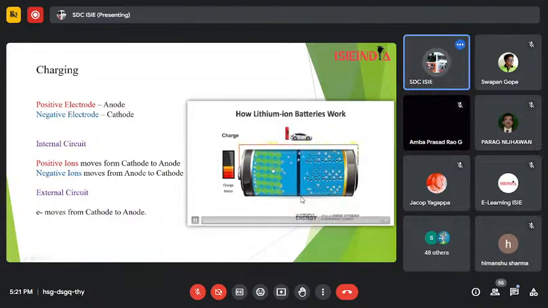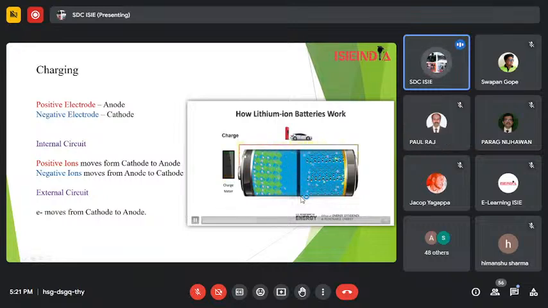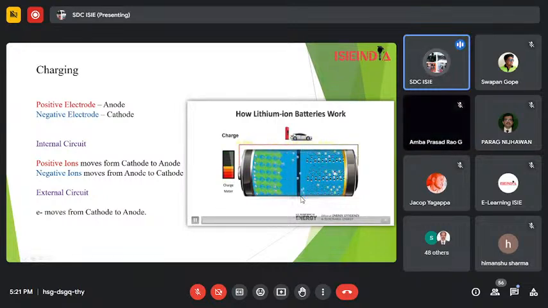At the cathode, this metal oxide is releasing the lithium ions, and these electrons are getting stored at this side, at the intercalated layer. Here the graphite is present, and these lithium ions are getting combined with these electrons which are coming from the external circuit, right? So here we are moving the lithium ions to the intercalated layer so that they will get stored here.